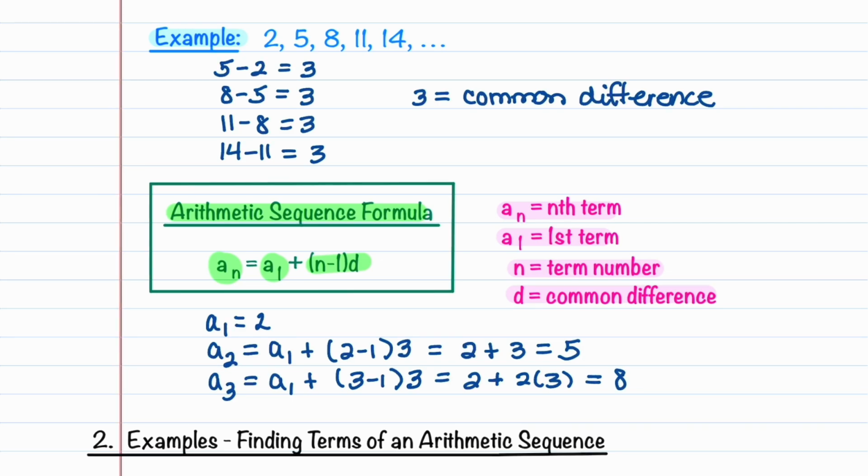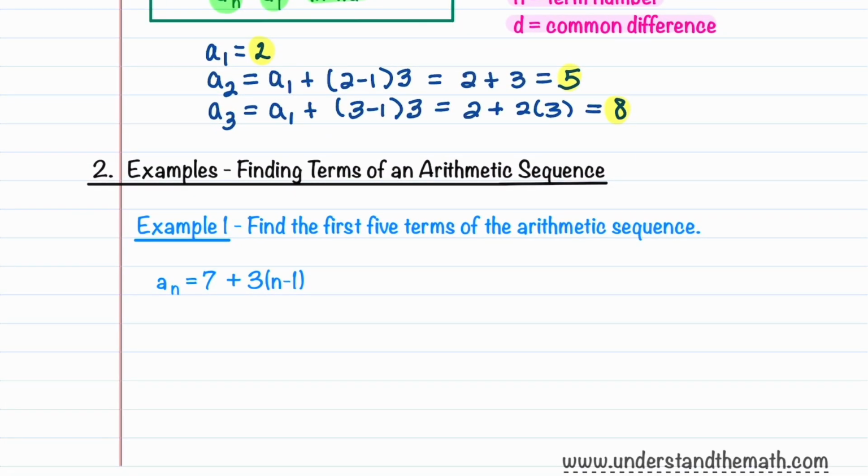And you can see that our terms 2, 5, and 8 are the ones we had in our sequence. The really nice thing about this formula is you can find any term if you know the first term and the common difference. Let's now look at some examples where we're going to find terms of an arithmetic sequence.